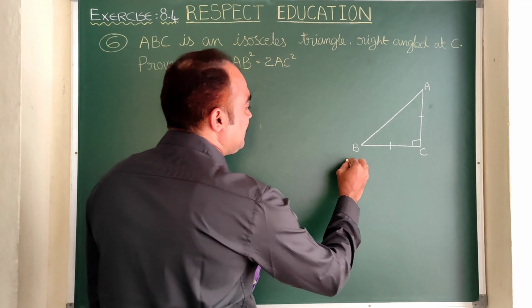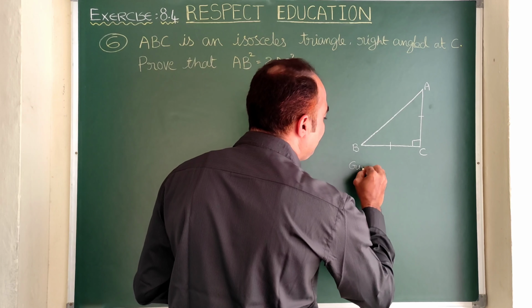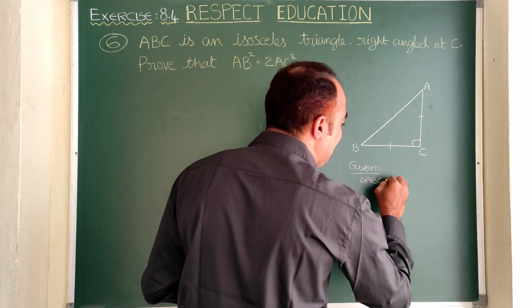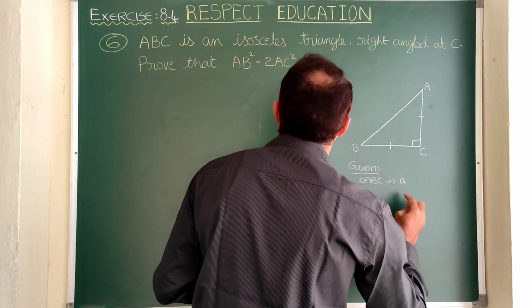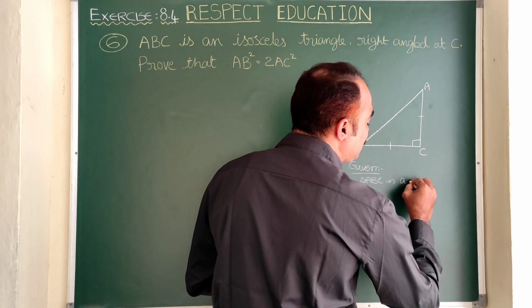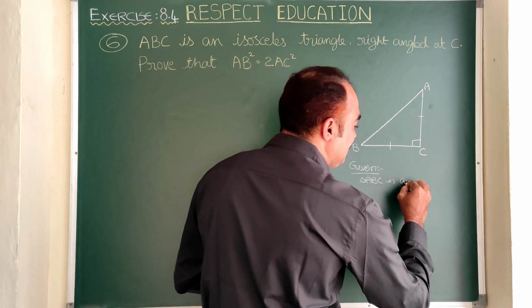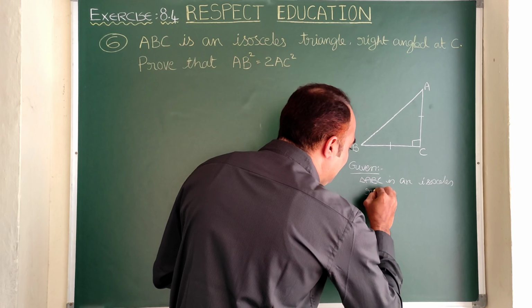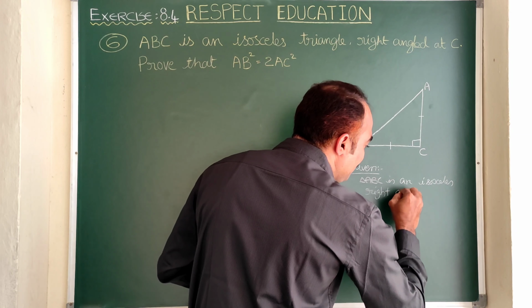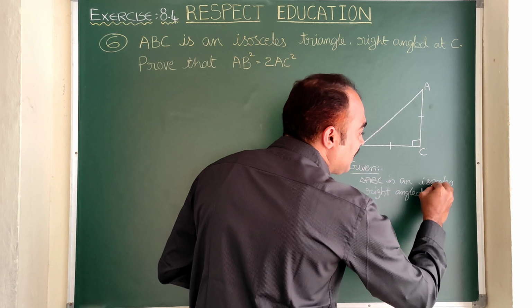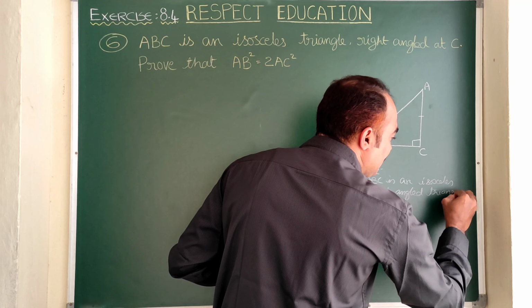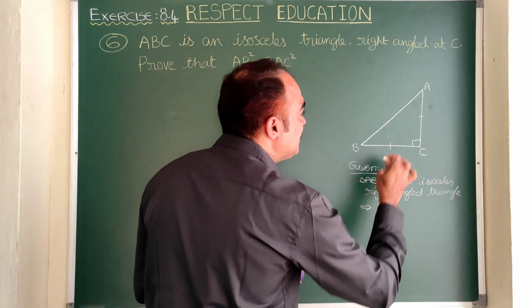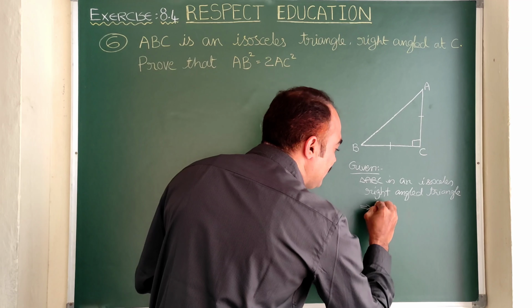Now here let us write the given condition. Here triangle ABC is an isosceles right angled triangle. The meaning is that here we can write implies BC and AC both are equal.